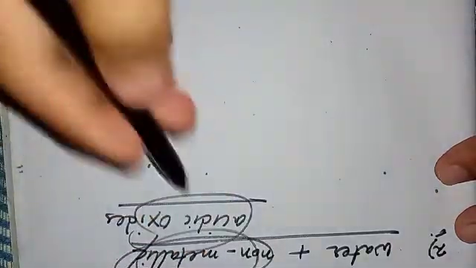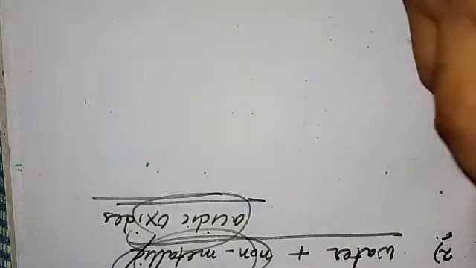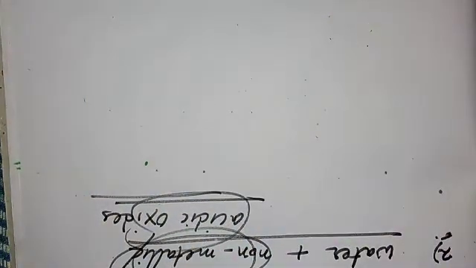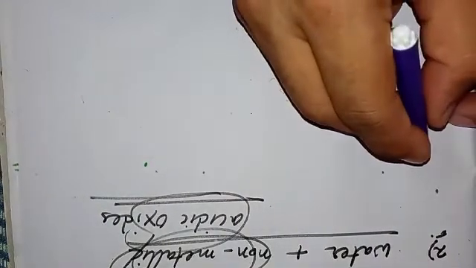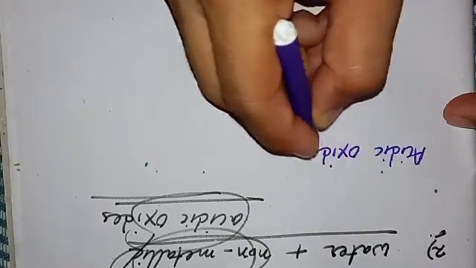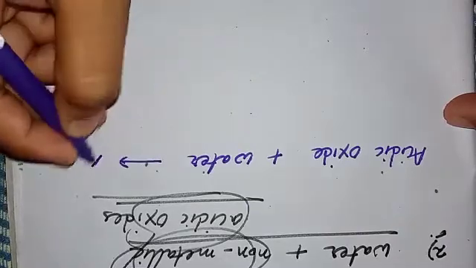Non-metallic oxides are acidic oxides. Acidic oxide plus water will give you acid.